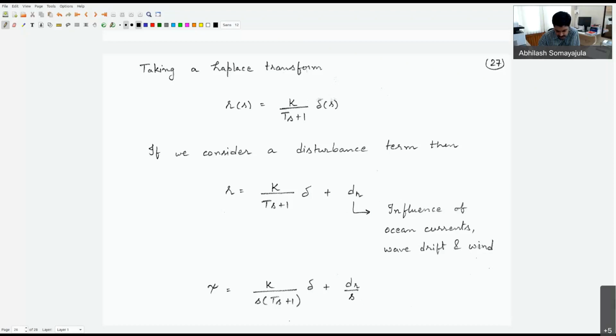The last step, I don't know how it got converted. Okay, so we know that psi dot is R, right? We know that the rate of change of yaw angle, psi, is nothing but the yaw rate, right? Yes, sir. So if I take a Laplace transform of this, what do I get?